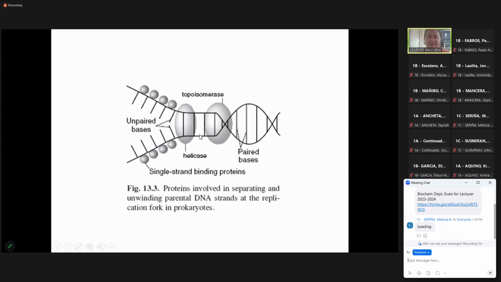Topoisomerase. Because if the strands are separated from each other continuously, there will come a time when torsion is created at this part of the chain.